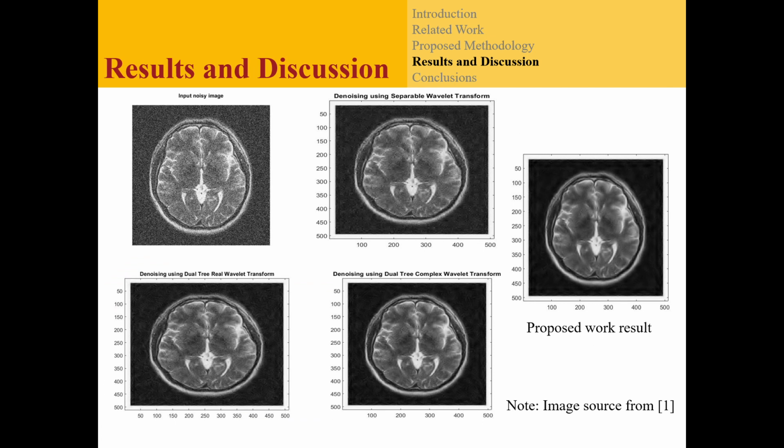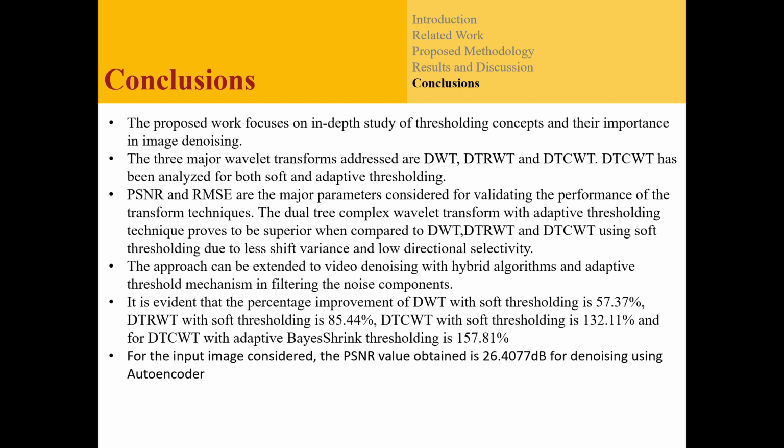By this we conclude that the proposed work focuses on an in-depth study of thresholding concepts and their importance in image denoising. The 3 major wavelet transforms addressed are the discrete wavelet transform, dual tree real wavelet transform, and dual tree complex wavelet transform.